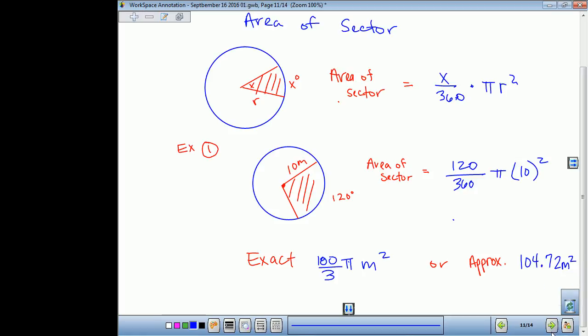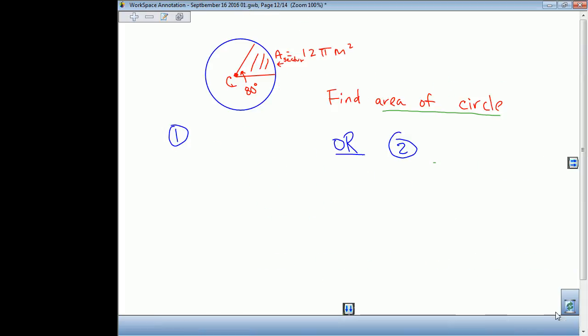Okay. Any questions about that? Pretty straightforward. Okay. Now, the next one. Instead of giving you the radius and the degree measure, on the next one I'm giving you the area of the sector and asking you to work backwards to find the area of the circle. So there's two ways we could do it.